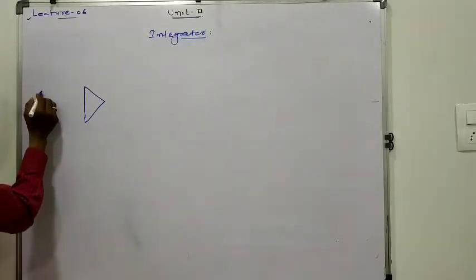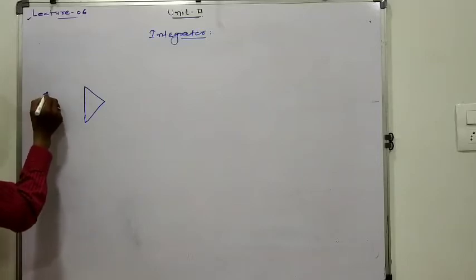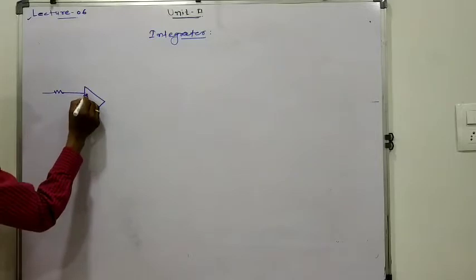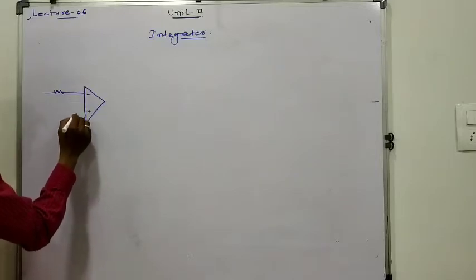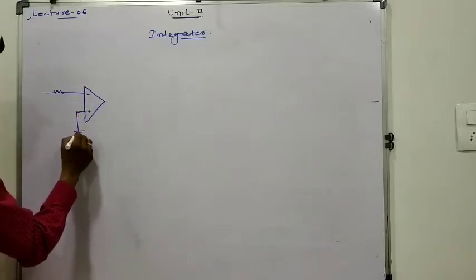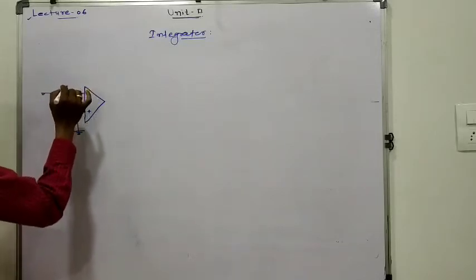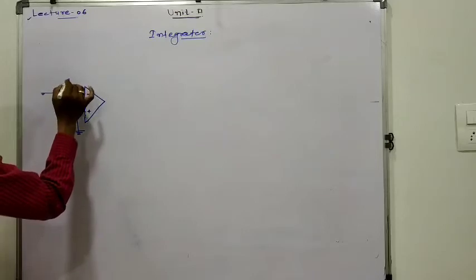At the input side in the differentiator we use a capacitor. Here we use a resistor, which is connected to the inverting terminal of the operational amplifier. First of all, we discuss the ideal integrator.